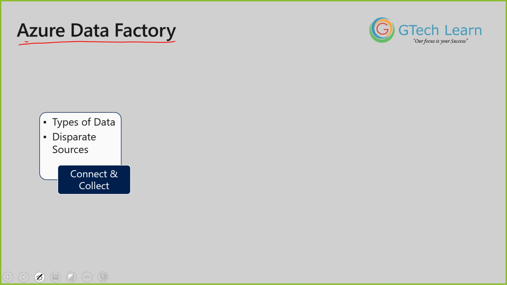When we talk about connect and collect, we discuss the types of data, what kind of data we want to bring into our Azure Data Factory for further processing. Because the data is on separate sources, in different forms, the first phase talks about connecting and collecting data from those different sources.